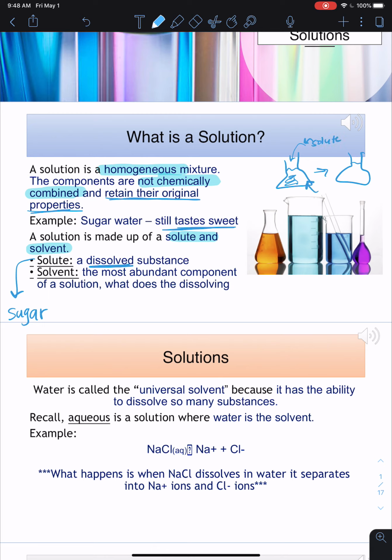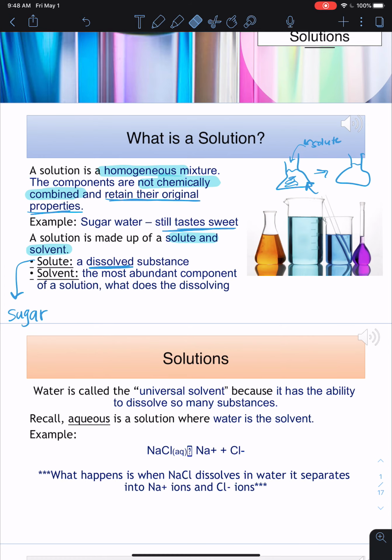The liquid, it doesn't always have to be liquid. It can be gas and stuff like that. But the liquid is going to be the solvent, the thing that is doing the dissolving. So in our situation, the solvent is going to be water. So our solvent is going to be our liquid or our gas or whatever the majority of the solution is.